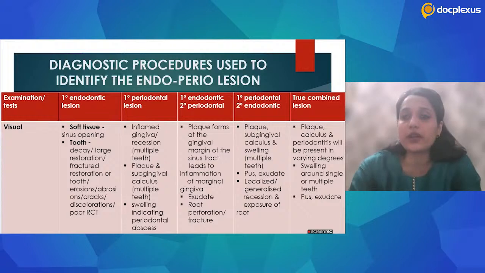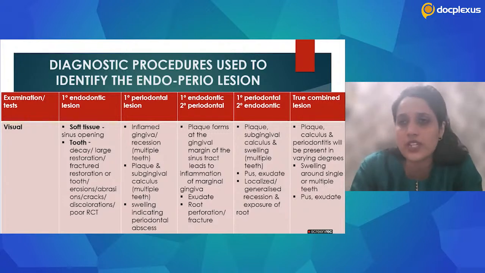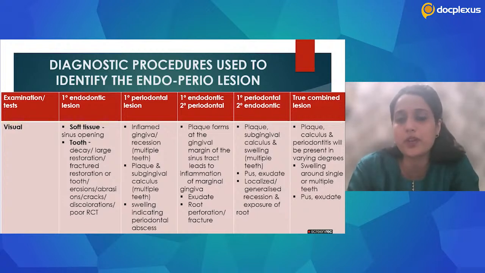Now coming to a very important part, which is also important clinically: how will you diagnose endoperio lesions? The basic diagnostic procedures are the basics that we have been learning since our third year: the clinical history, the probing, the percussion, the tenderness, and the radiographic examination.